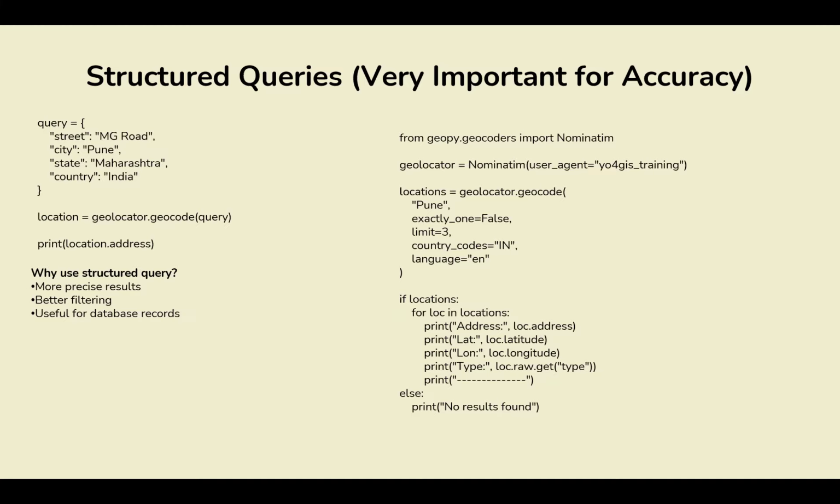Instead of searching in the entire world, we have simply given the instruction: street name should be MG Road, city is Pune, state is Maharashtra. So why we use the structured query: more precise results, better filtering, and useful for database records. This we have already seen.